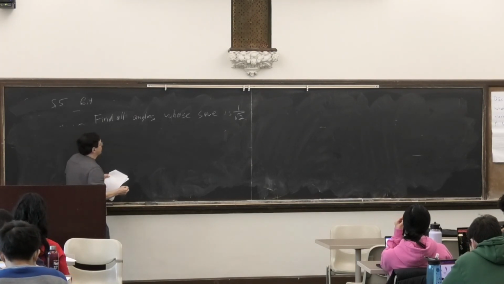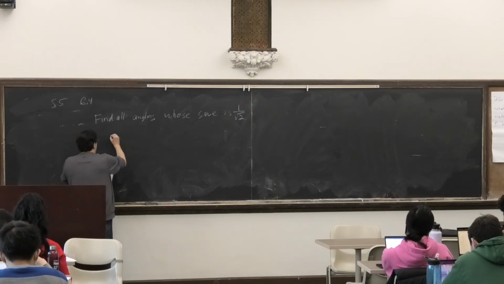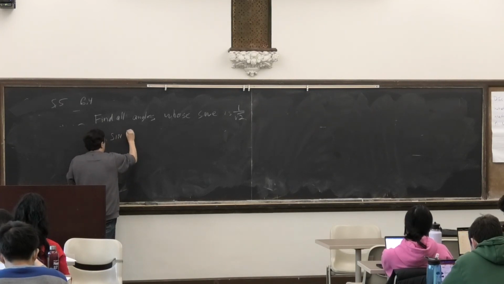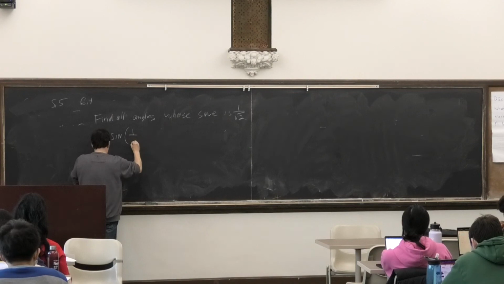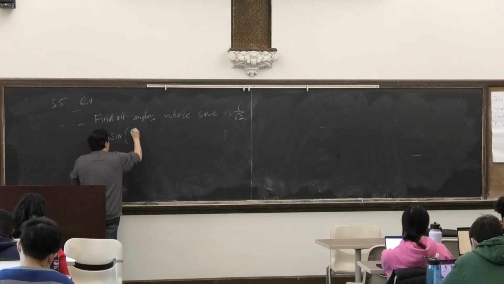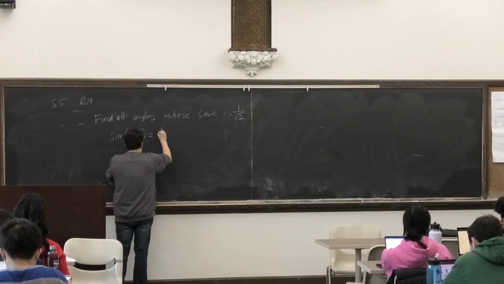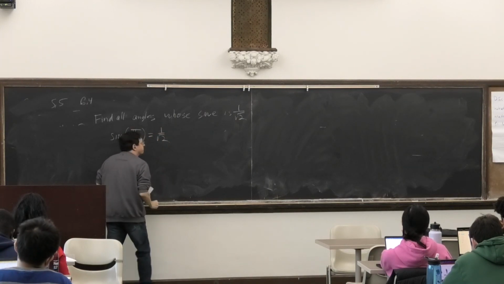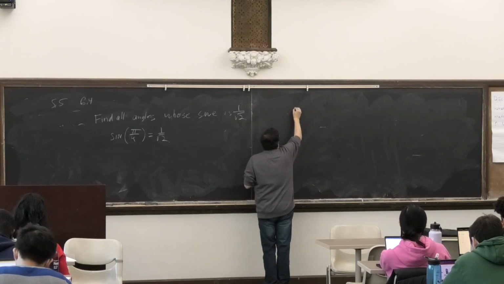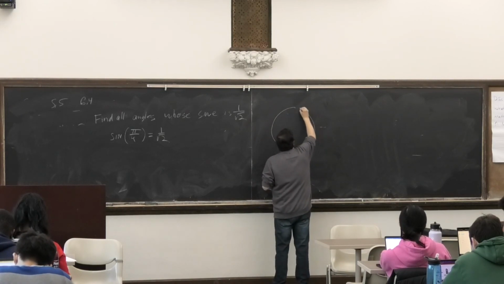Okay. Well, we know sine of pi over 4 is 1 over the square root of 2. It's a kind of raw picture.